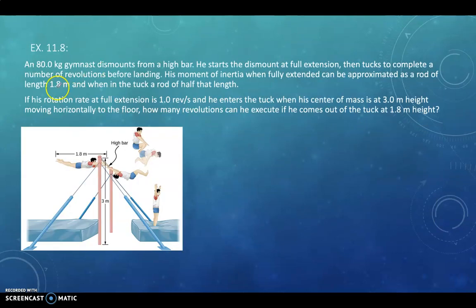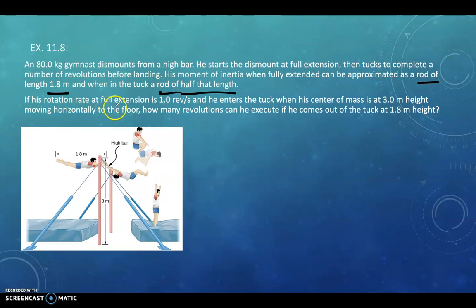Now let's take an example, 11.8. It states an 80-kilogram gymnast dismounts from a high bar. He starts the dismount at full extension, then tucks to complete a number of revolutions before landing. His moment of inertia when fully extended can be approximated as a rod of length 1.8 meters, and when in the tuck, a rod of half that length.